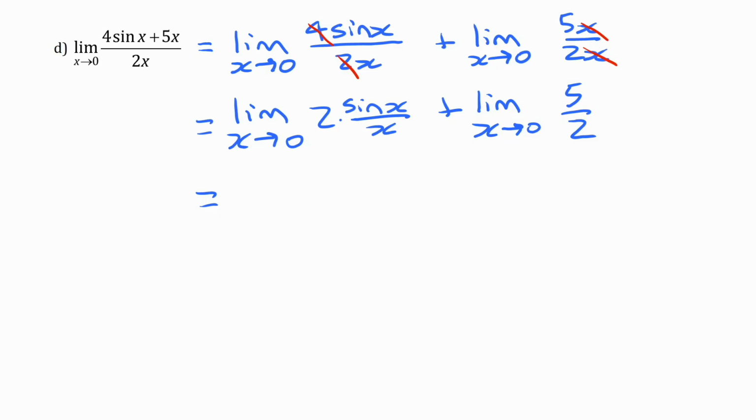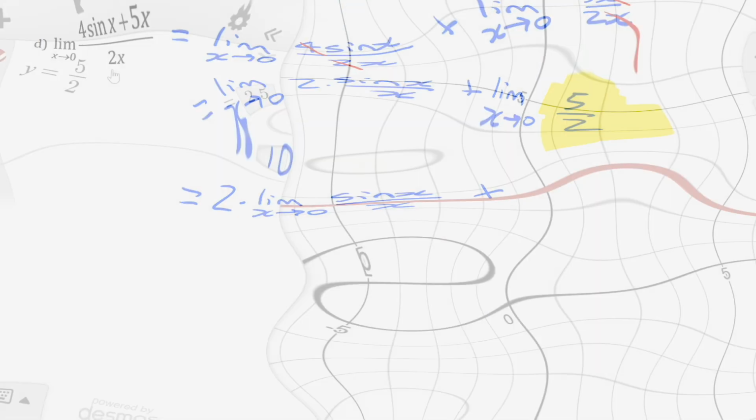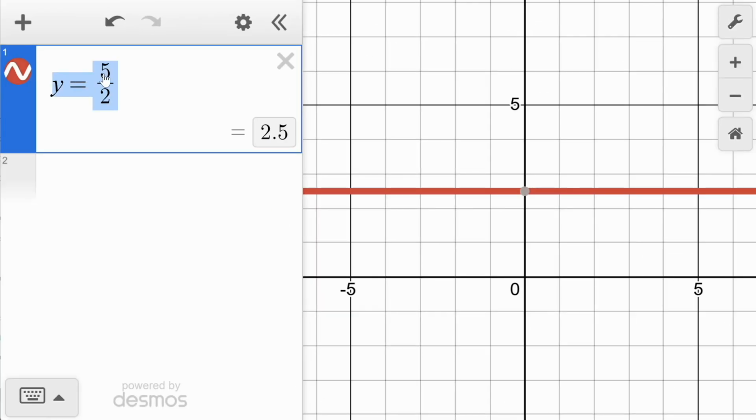So we can say that this is equivalent to 2 times the limit as x approaches 0 of sine x over x. And this second limit here, think about this. This is a constant here, 5 over 2. Its value is always 5 over 2, no matter what the value of x is. Think about the graph of y equals 5 over 2. It's just a horizontal line, all the points where y is 2.5, 5 over 2.